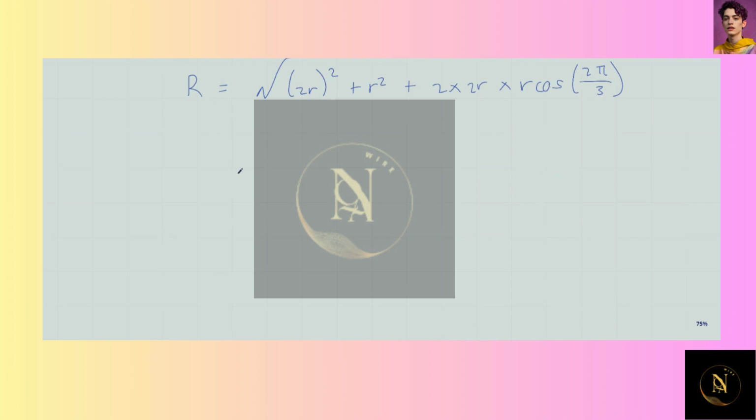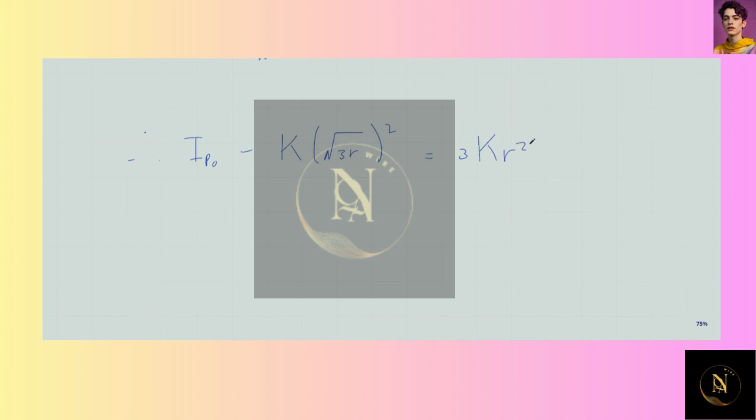And so simplifying, we get this to be the square root of 3 r, and so the intensity at P0, I, is equal to k into the square root of 3 r all squared, which is equal to 3 times k r squared, which is simply 3 times the intensity I, as required.